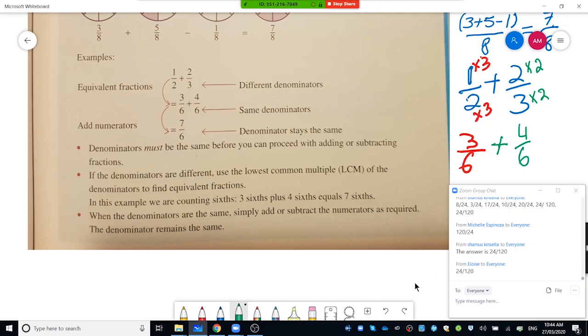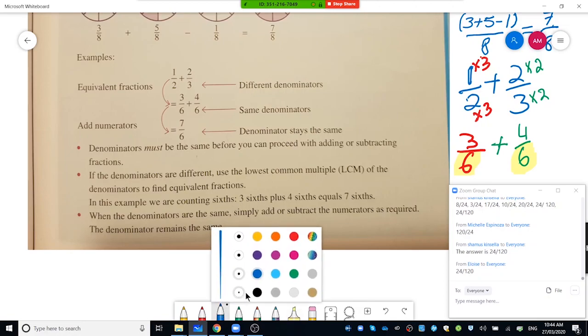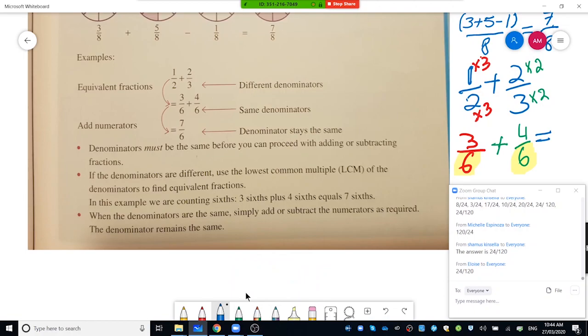Now you have the same denominator number, and here you can then add. So this becomes 7 over 6.